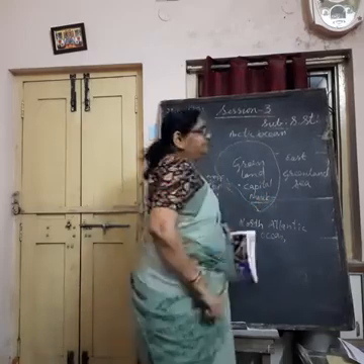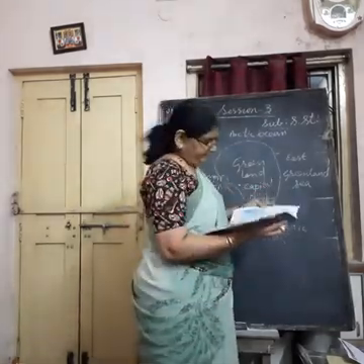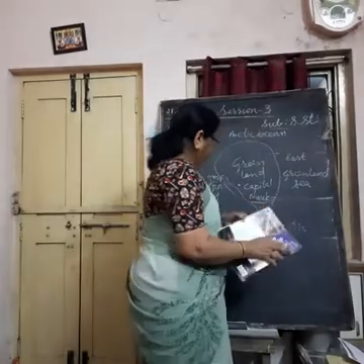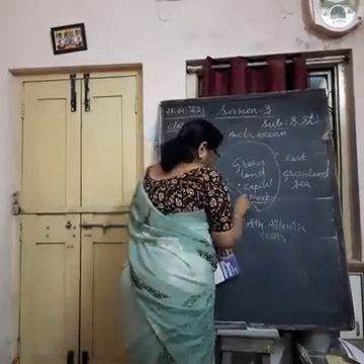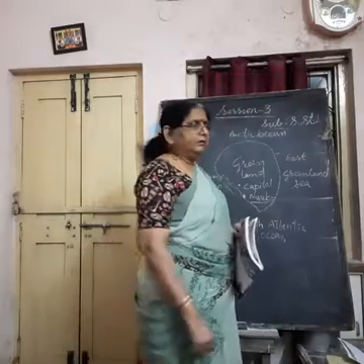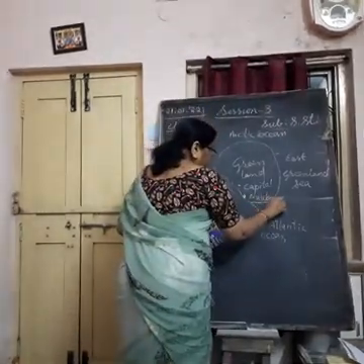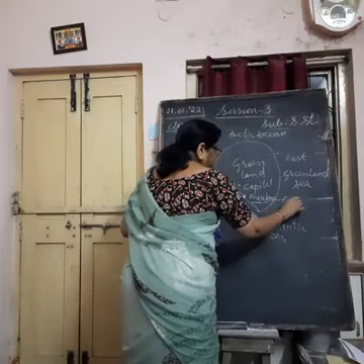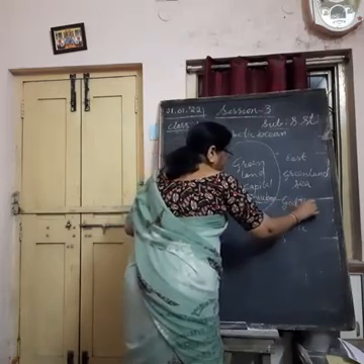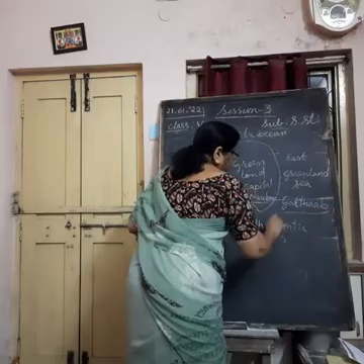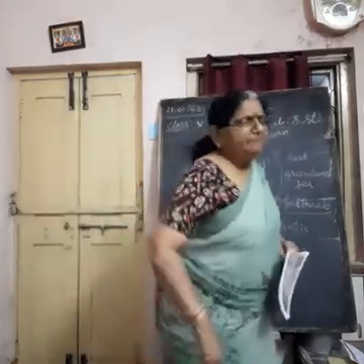Nuuk is the capital of Greenland. It is here somewhere. And its old name, Nuuk was known as Godthab. The old name is Godthab.